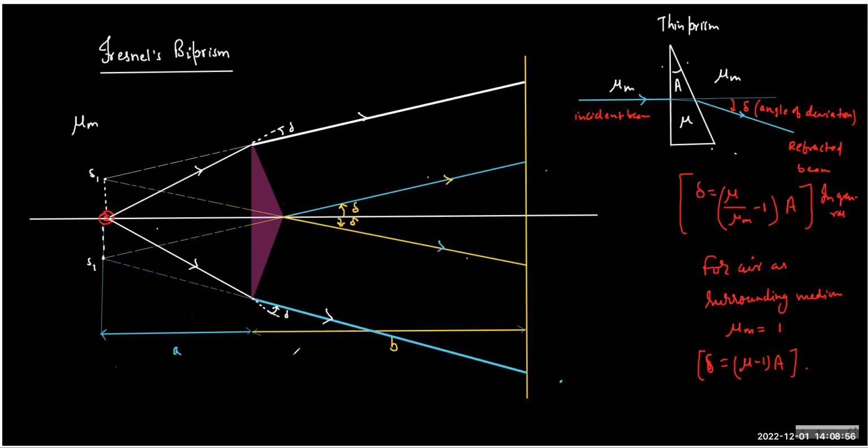Now you can see two colors, blue and, let me make it yellow first.